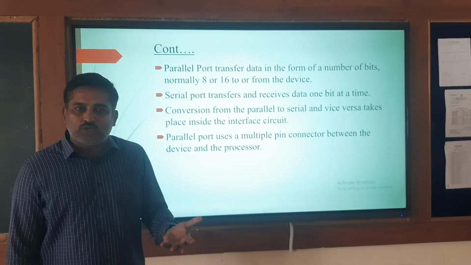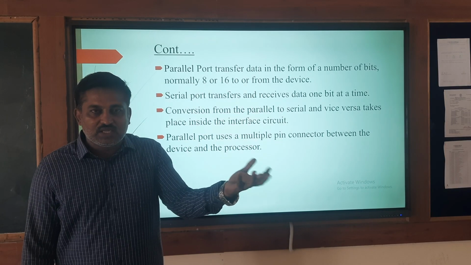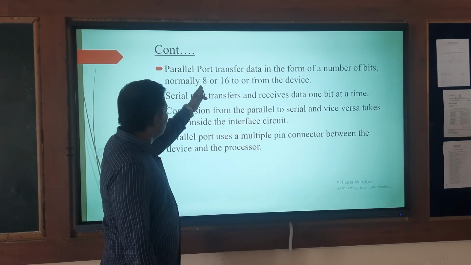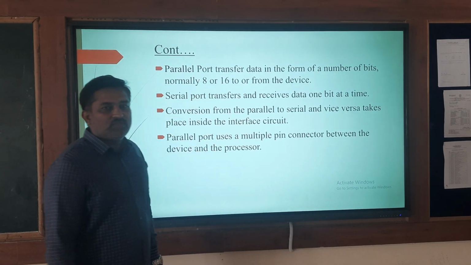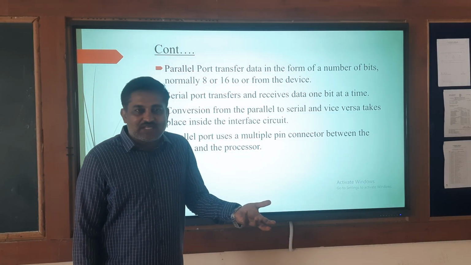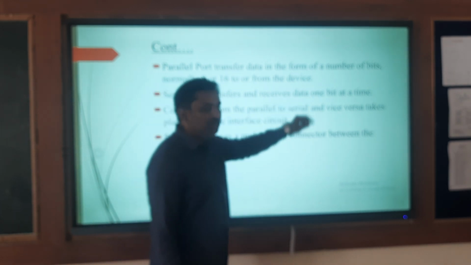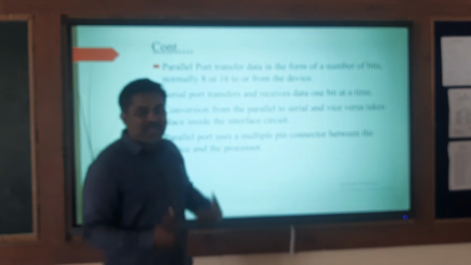That is why I told you that if the input-output device wants to transfer 32 bits of data, then it requires 32 lines. Similarly, if it is 8 or 16, then it requires 8 lines or 16 lines. The serial port transmits as well as receives data bit by bit, not at a time.